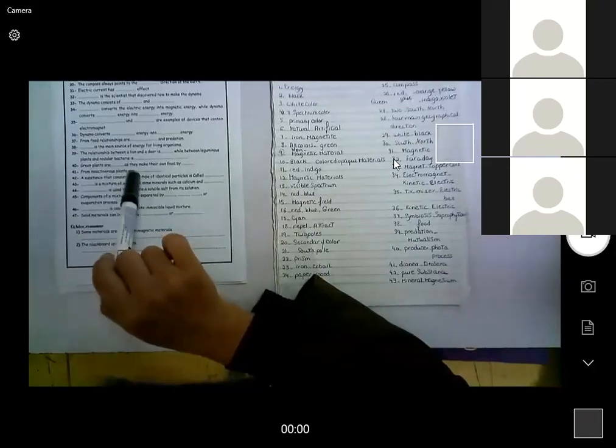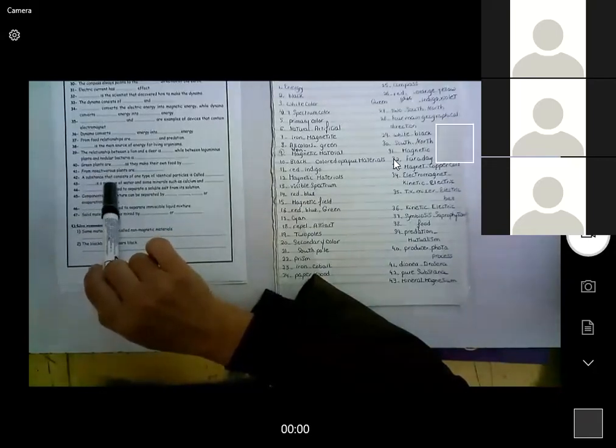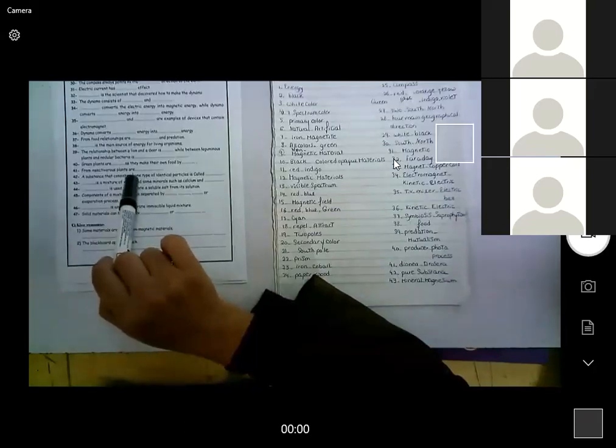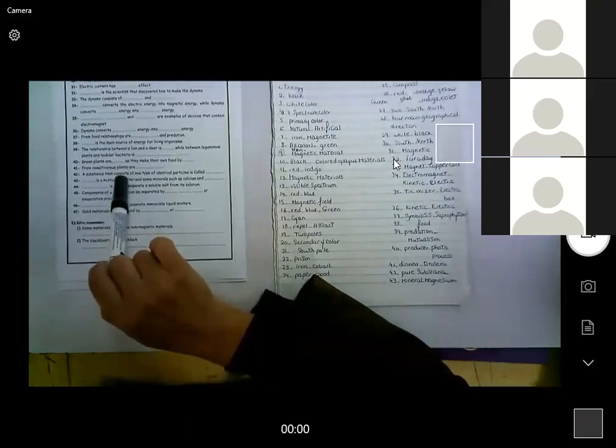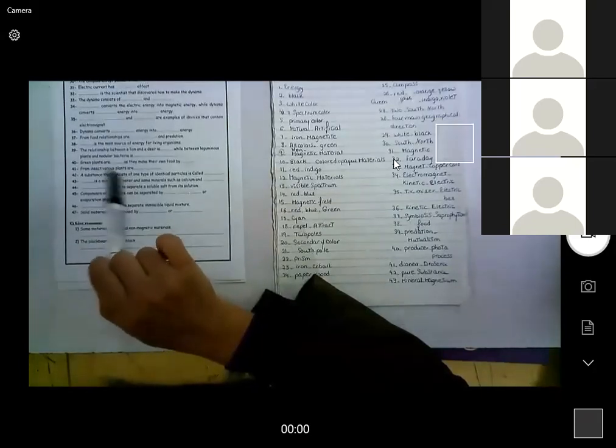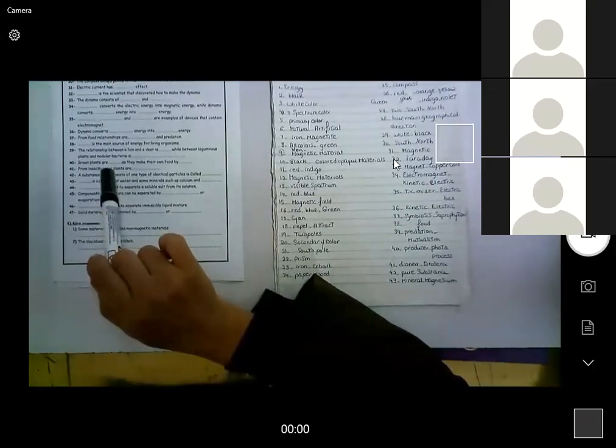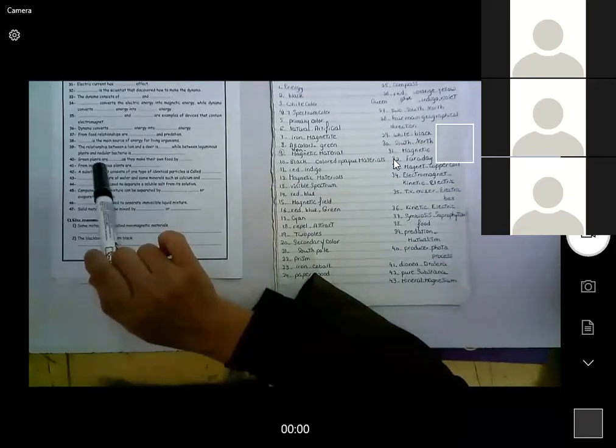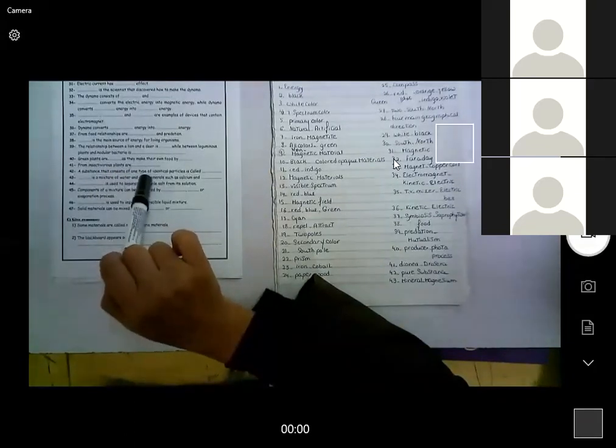Insectivorous plants are Dionaea and Drosera, plants which eat insects. They cannot make enough food by photosynthesis and get protein from the insects.